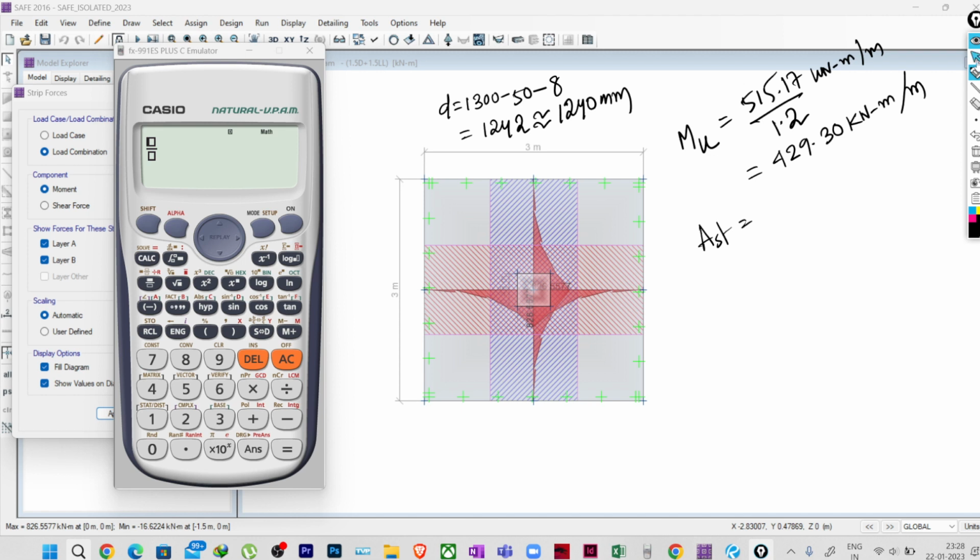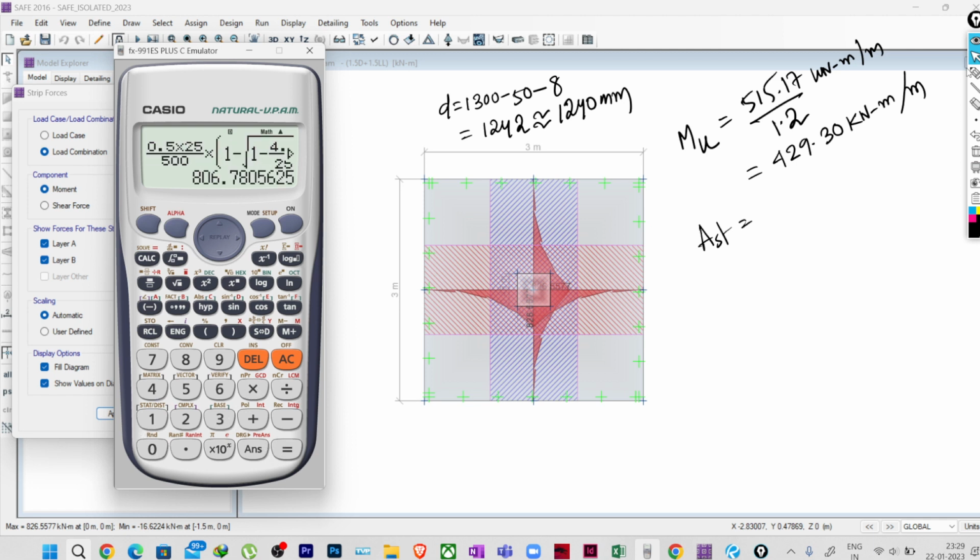Okay, so the Ast that we can calculate is 0.5 multiplied by fck by fy multiplied by 1 minus root under 1 minus 4.6 into 429.30 multiplied by 10 power 6 divided by fck into b, which is 1 meter per meter width, so 1000, multiplied by d, which is 1240 square, divided by 1000 multiplied by 1240.